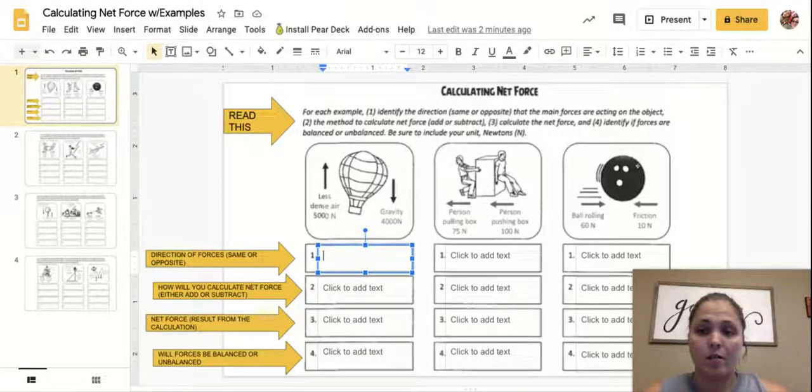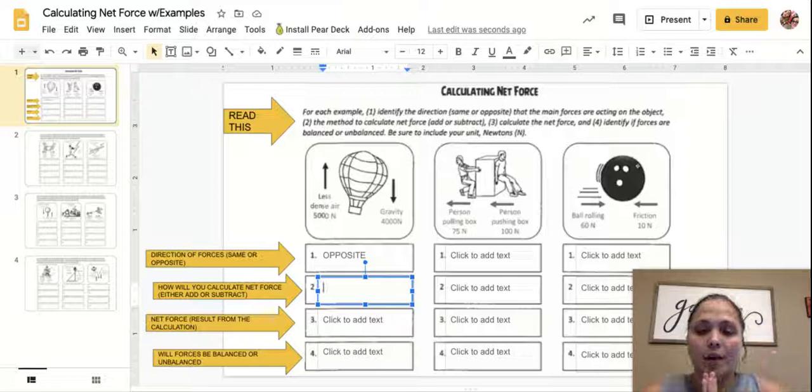Well, all I have to do on this is look at my arrows. Are they pointing in the same direction or opposite directions? Well, I have one that's going up and one that's going down, so those are in opposite directions. And so the answer in number 1 is always going to be either same or opposite. That's all you put.